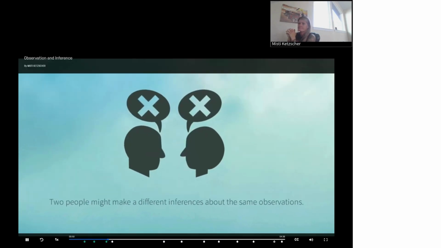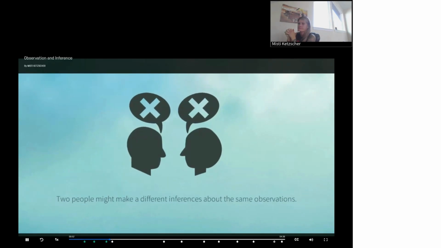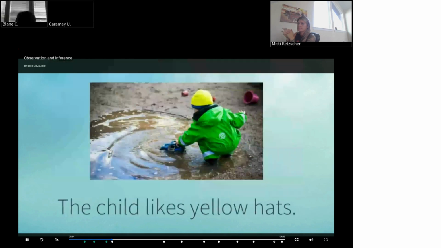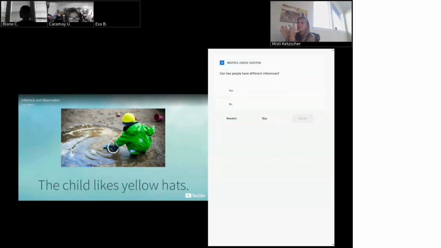Two people might make a different inference about the same observation. Okay. So can two people have different inferences? Blaine? Yes. Absolutely can, okay?